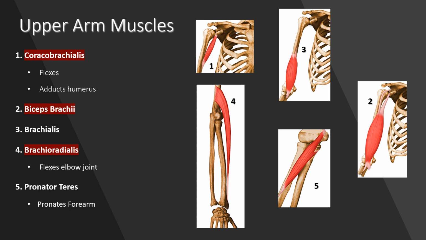Flexor carpi ulnaris means I'm flexing the wrist on the ulnar side of the wrist, which is the little finger side. It also helps to adduct the ulna. So adduction means that it brings the ulna inwards. Flexor carpi digitorum means that it flexes the fingers and goes down through the wrist.